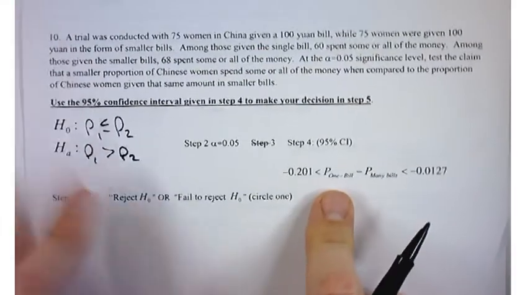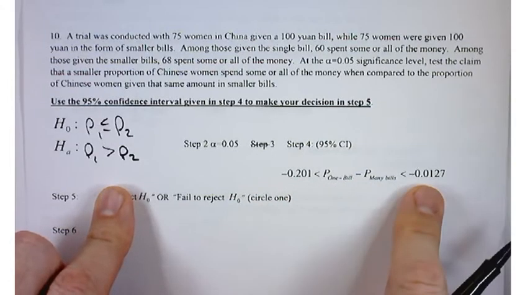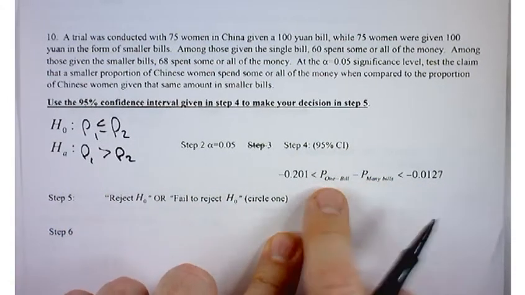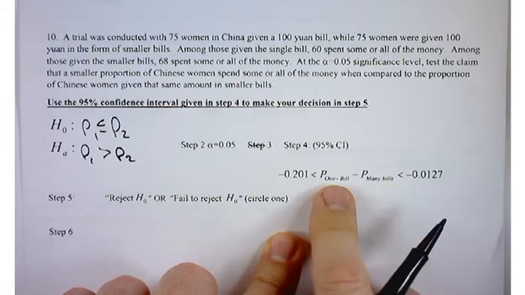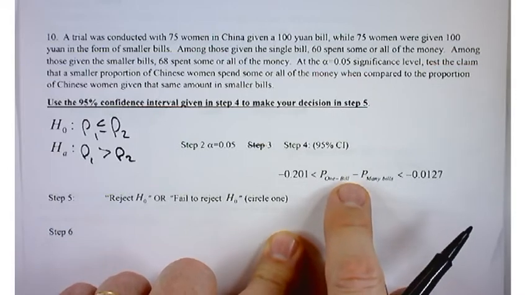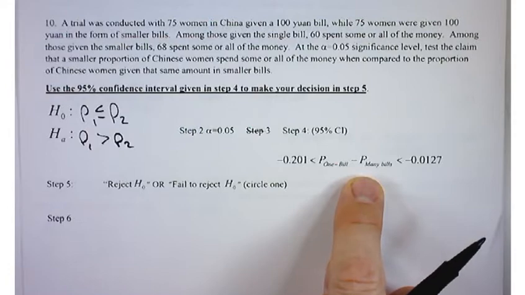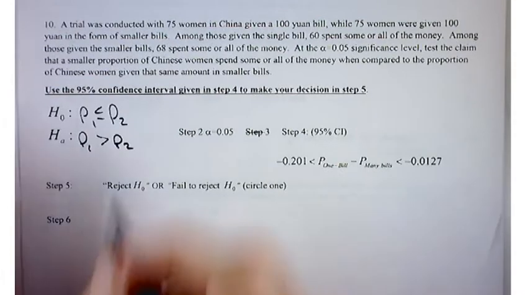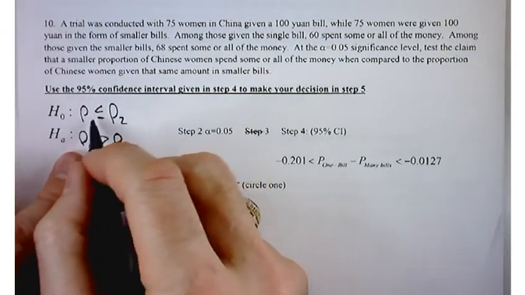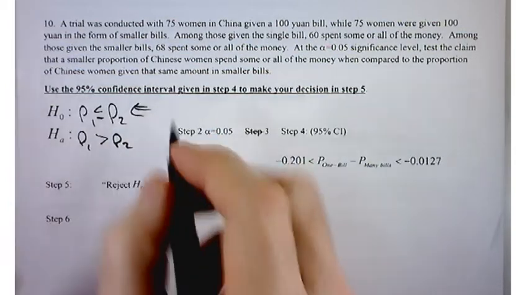But the claim that you're going to be testing is going to be based on this confidence interval, the difference of these two proportions. Again, go back to kind of our previous problem, number 8. What number is not part of this interval? What special number? 0. If 0 is not part of this interval, then any claim that involves equality, like this one, can't be true.